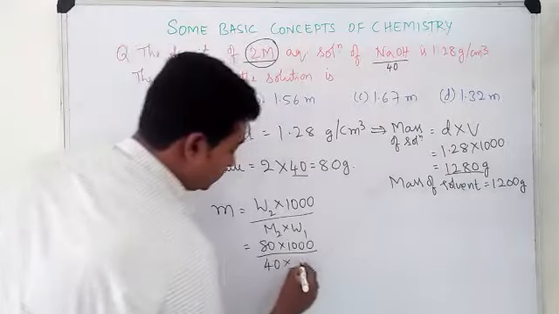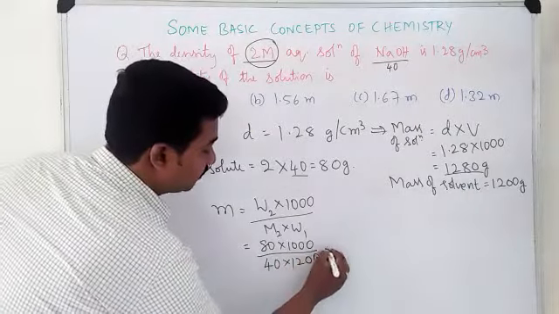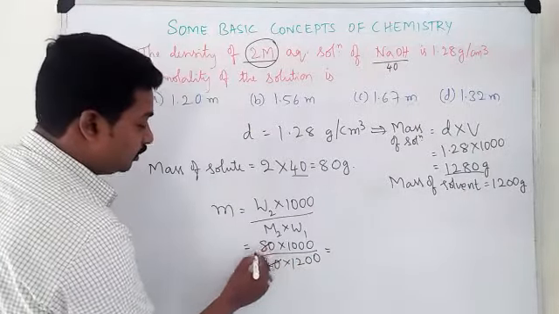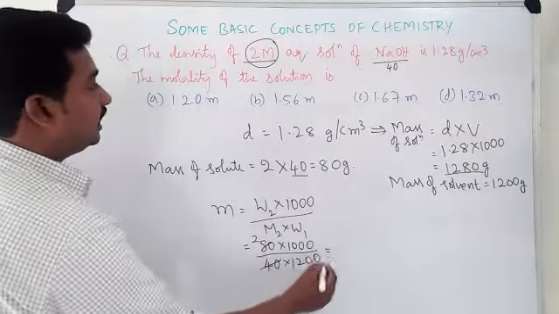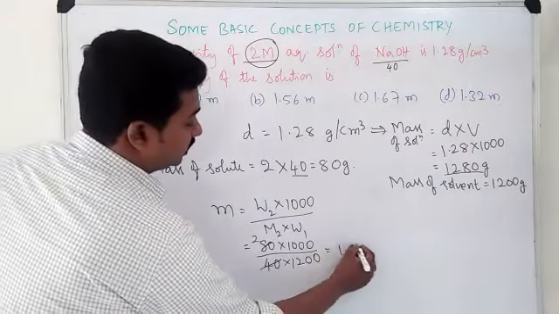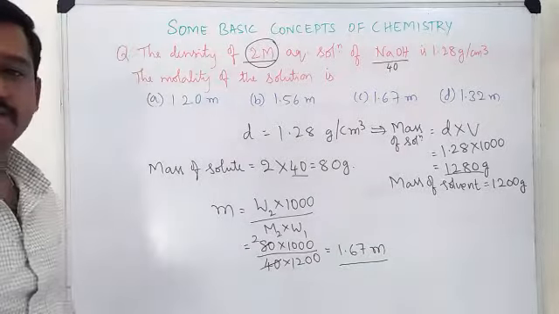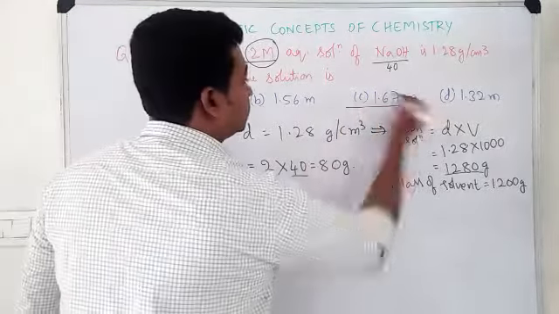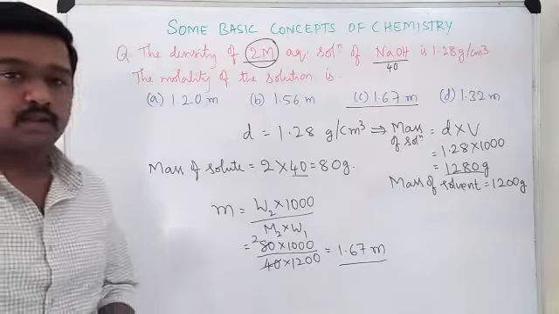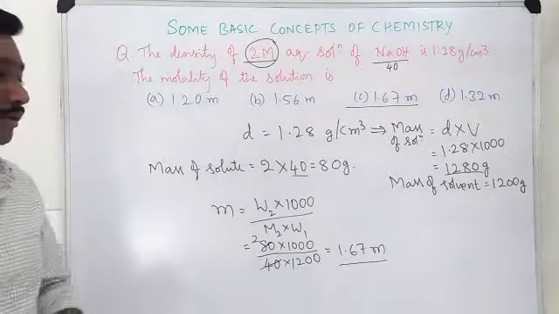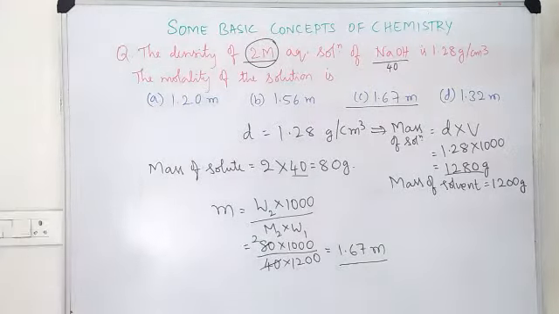Mass of solvent is 1200 gram. Now solve this, you will get the answer very clearly, and it is 1.67 molal, which is option C. You can take a screenshot of this. We will move on to the next question.